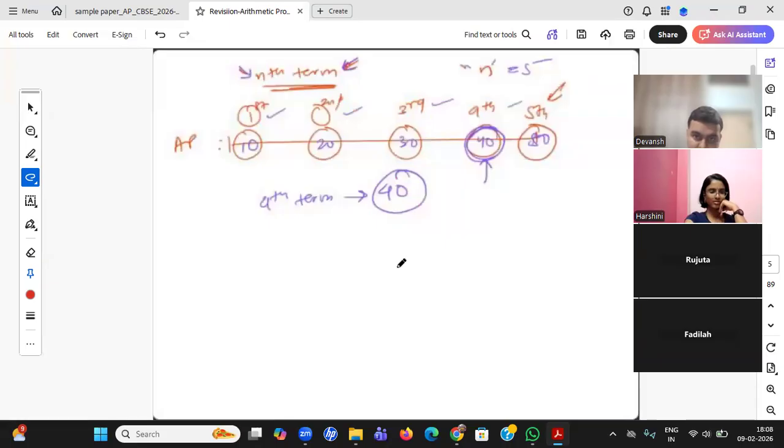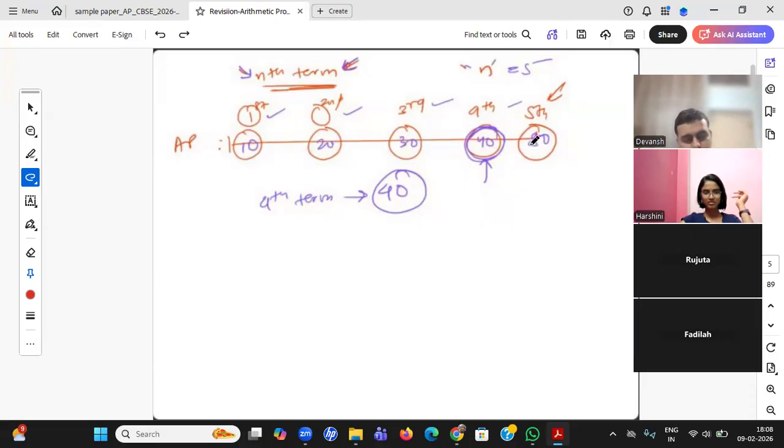The very important thing is to know the difference between the nth term and the sum of n terms, where most people get confused. See: 10, 20, 30, 40, 50. Common difference is 10, so definitely it's an AP. What is the first term? 10. Second term? 20. Third term? 30.